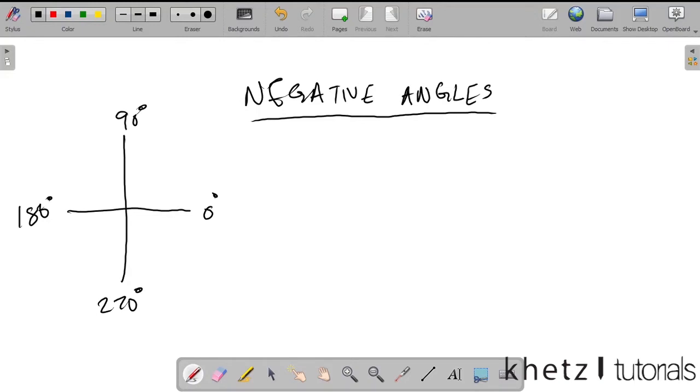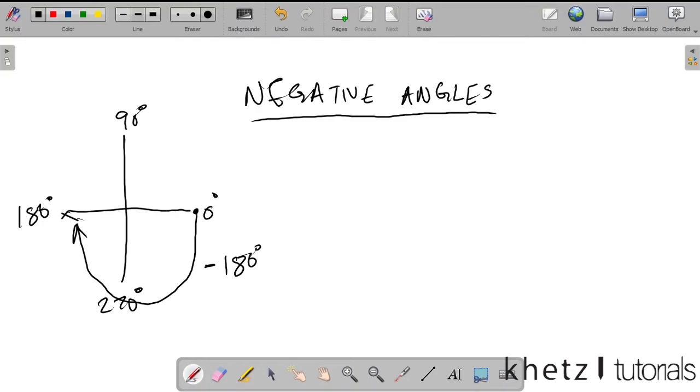Now, if you move from here, the starting point, towards that direction, that is a clockwise movement, and therefore moving from this point to that point would mean that you're moving negative 180 degrees, because the clockwise direction is the negative direction.